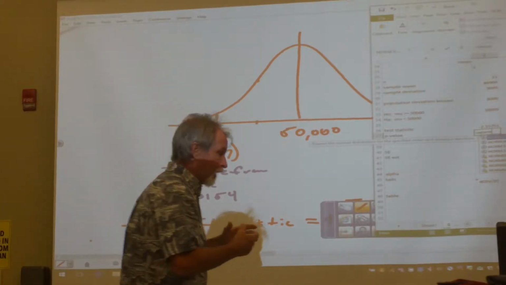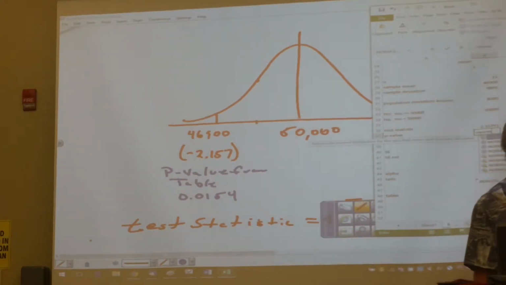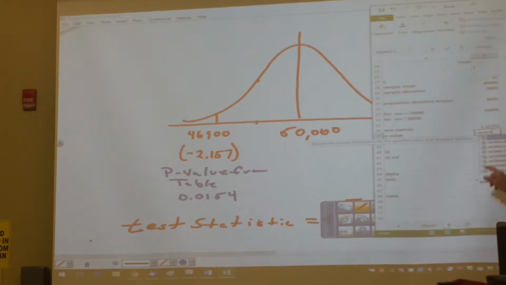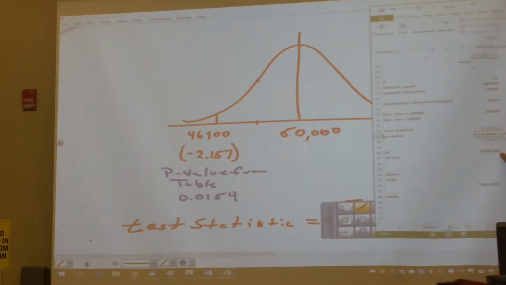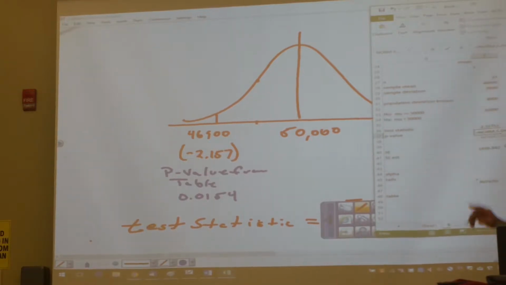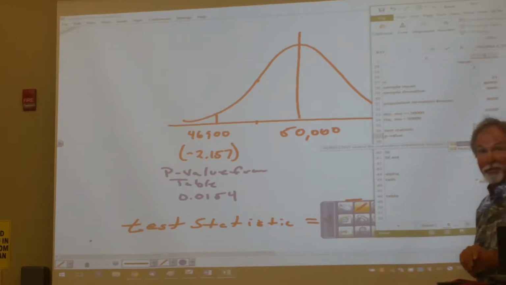But I don't know the specific alpha, so I want the norm S distribution. And the 2 things that I'm going to put in are the Z-score, which we just calculated, and then you have to put in whether it's cumulative or not cumulative.